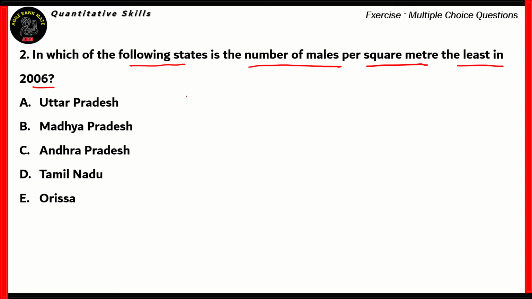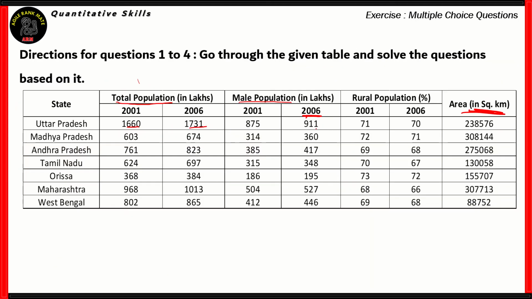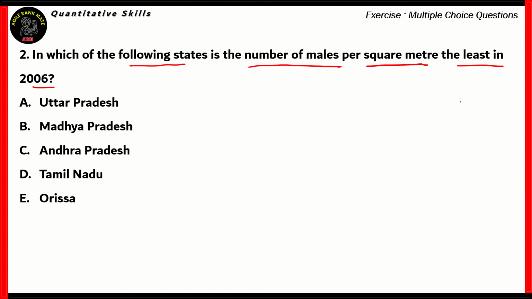Now for Uttar Pradesh, in 2006, you had 911 lakh males, and their area is 238,576. So 911 divided by 238,576. And we can multiply by 1 lakh in order to make it 911 lakhs.